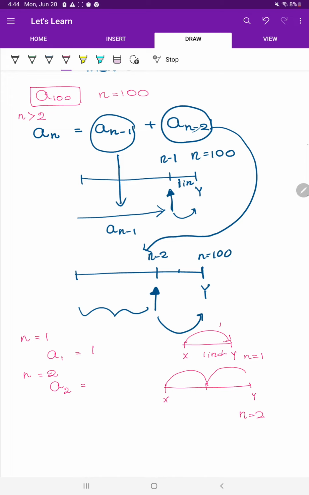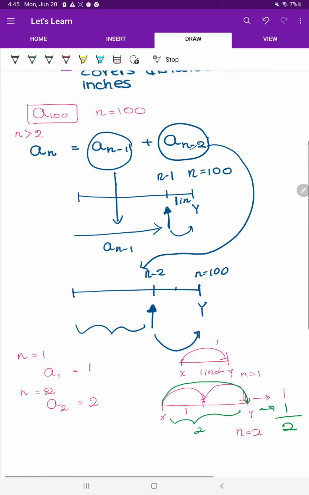We can travel by 1 inch at a time, because when it travels 1 inch, there's only another 1 inch remaining. So that is one way. Or else it could travel using a single step of size 2 inches. So it is another way. So the total number of paths is 2. So a_2 is 2.